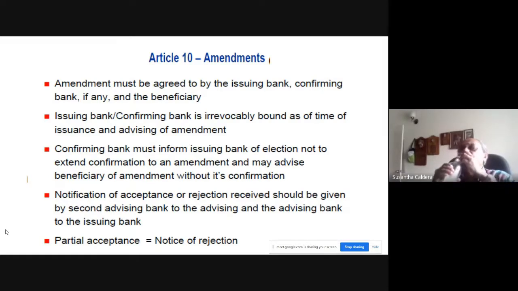Or do you have to add confirmation to the amendment, because you have already added your confirmation to the LC? What do you think? Answers. Ajit, Sumala.